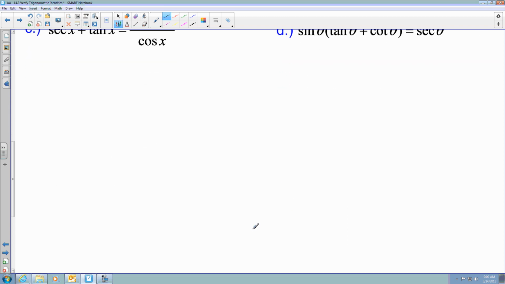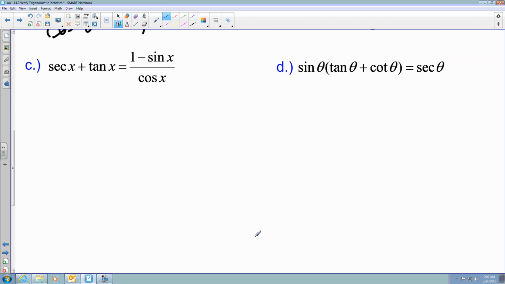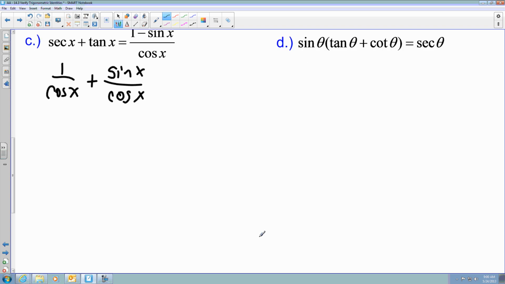For C, I'm going to try to rewrite everything into cosine and sine properties. So secant x is going to give me 1 over cosine x, plus tangent x is going to be sine x over cosine x. In this case, we have a common denominator, cosine, so I can combine these.